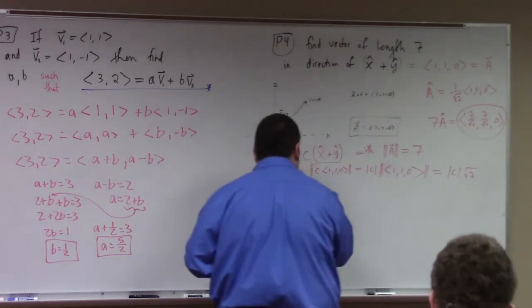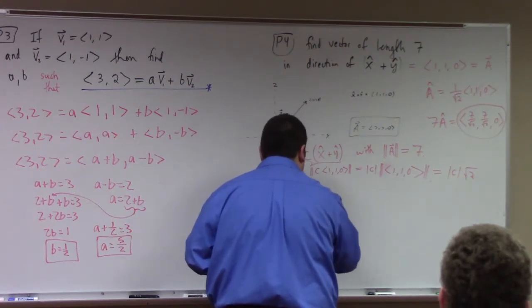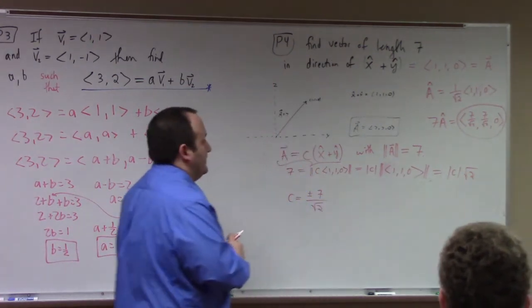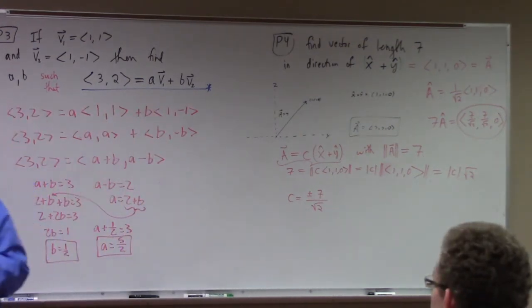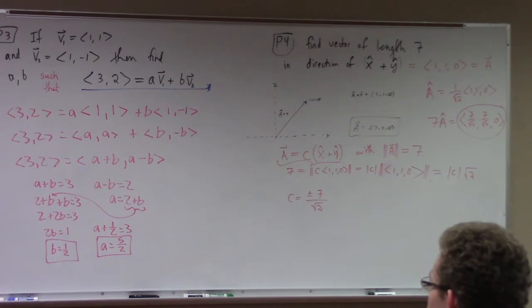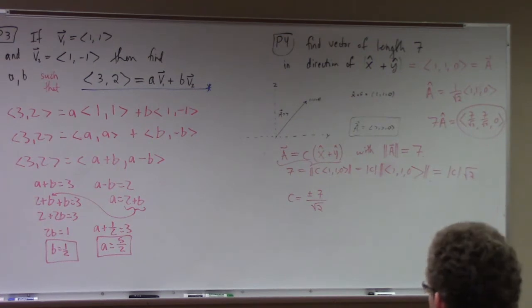So apparently we can choose c equal to plus or minus 7 over root 2. So there are 2 answers. Oh, wait a minute. In the direction, I have to choose the plus. The minus gives me the opposite direction, so I have to choose the plus.